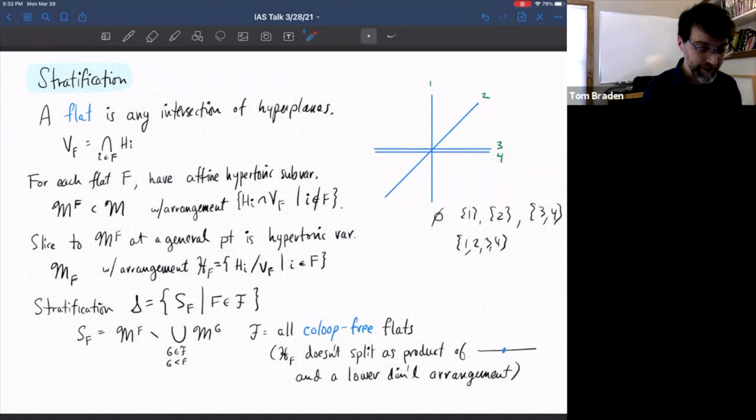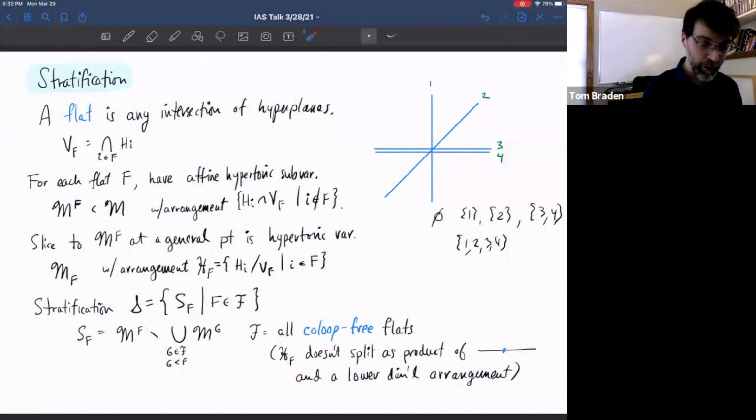Okay, so finally, the stratification I want is going to be the open part of these subvarieties, but only for a certain subset of flats that are called coloop-free, which is basically saying that the slice arrangement, the transverse arrangement, doesn't split as a point in a line times something else.